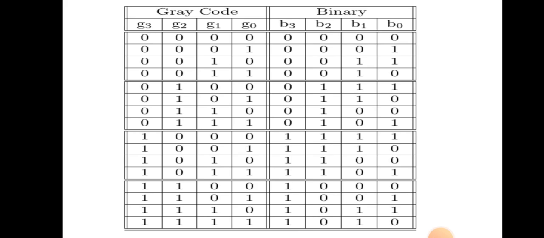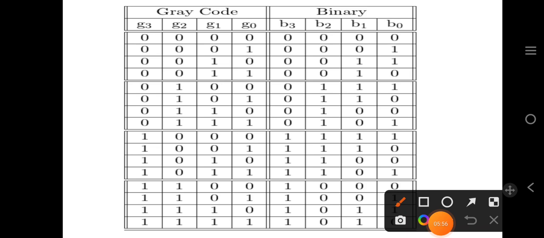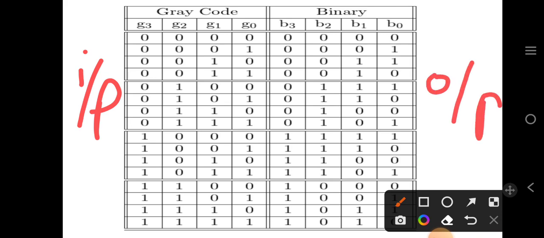This is the truth table of gray code to binary code. In the left side you can see the 4 bits. This is the input if you give the gray code input, and this is the output. All these four bits of B are the output bits and these 4 are the input bits. So this is the gray to binary code.